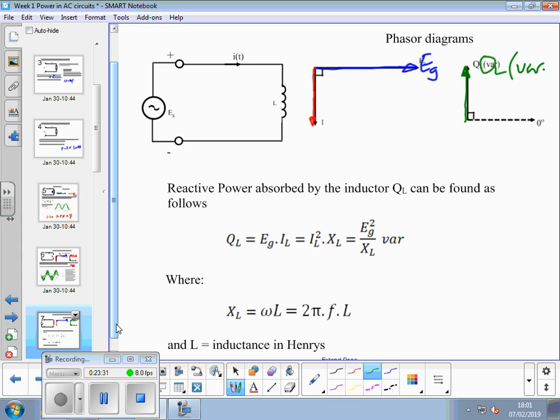And you can get it from the generator voltage squared divided by XL. All of those are measured in VAR, and XL can come from omega times L, where L is the inductance in henries, or alternatively 2 pi FL, because omega is equal to 2 pi F.